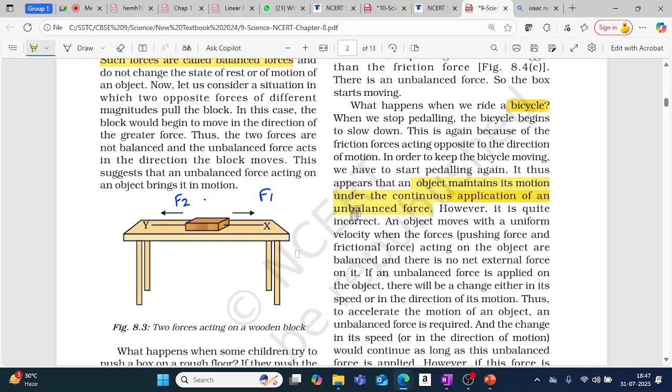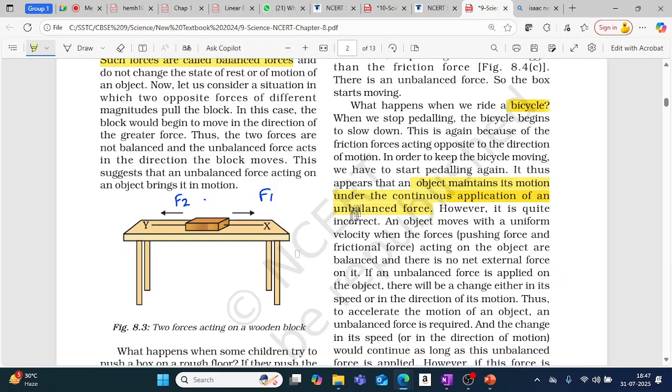If you achieve a highly polished surface, and if you roll a ball, that's it. It will keep moving forever. If you can achieve zero friction, in theory, it is possible that the ball will roll on forever.